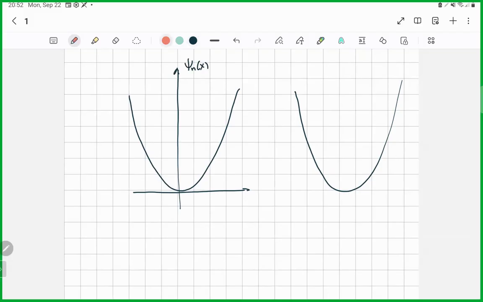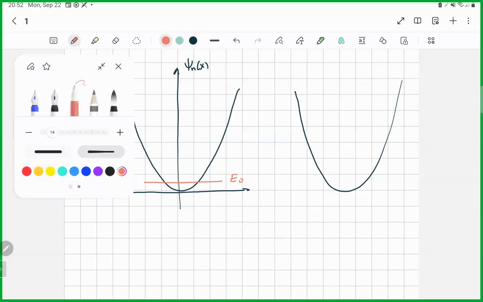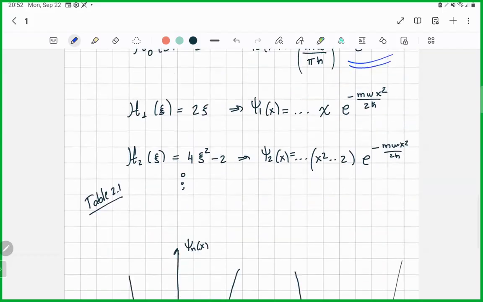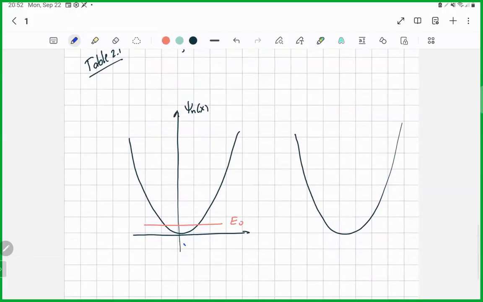So I'm going to start with the ground state, and I'm going to make a plot, a drawing for that wave function. Well, it's a Gaussian, right? We know it's a Gaussian. So where is this function? Maximum, right at x0. So right here it's maximum, and then it decays.